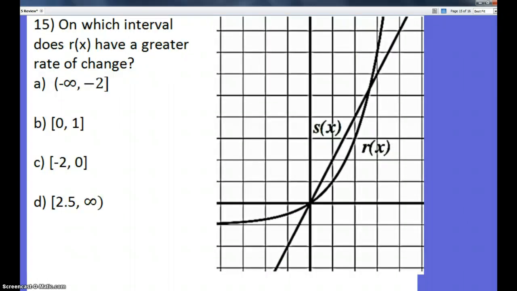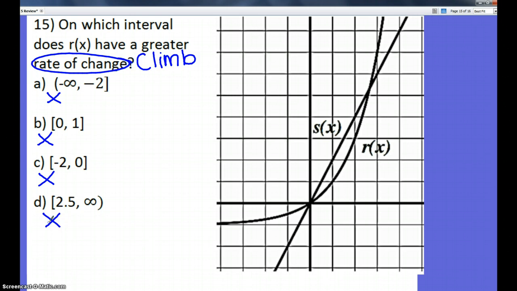Next. On which interval does r of x have a greater rate of change? Rate of change is again talking about which one is the bigger slope or which one is harder to climb. Steepness. So from negative infinity to negative 2, this is talking about your x numbers. These are your x's. So negative 2 is right here.